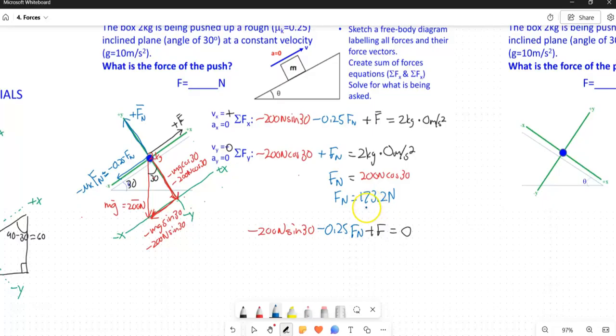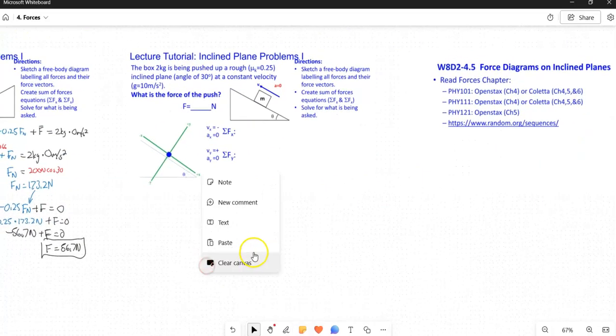Now we're going to plug this right into here. 200 sine of 30 degrees. Sine of 30 degrees is a half. So this is 0.5. Just like this was 0.866.